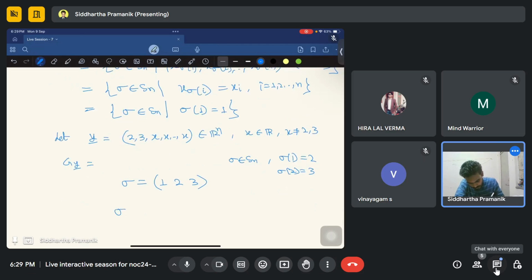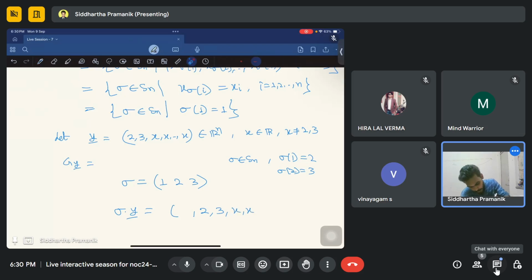So what is sigma y bar? It just permutes the coordinates, right? So it sends the first coordinate to the second coordinate. So that means in your second coordinate you will have 2, and you send the second coordinate to the third coordinate. So that means in the third coordinate you have 3, and all other coordinates are fixed, so in all other coordinates you have x.